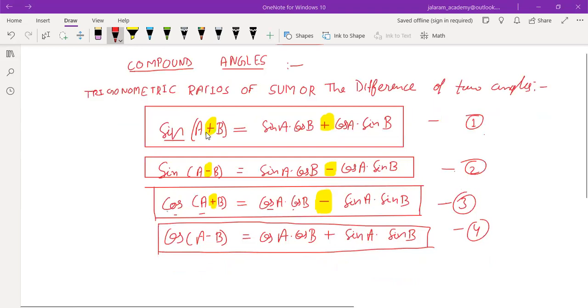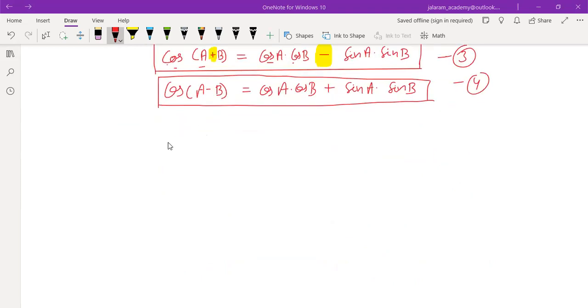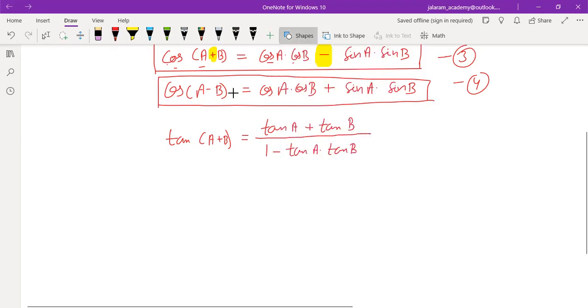Next trigonometric ratio is tan. So tangent of sum of two angles, tan A plus B, equals tan A plus tan B over 1 minus tan A into tan B. So learn this.